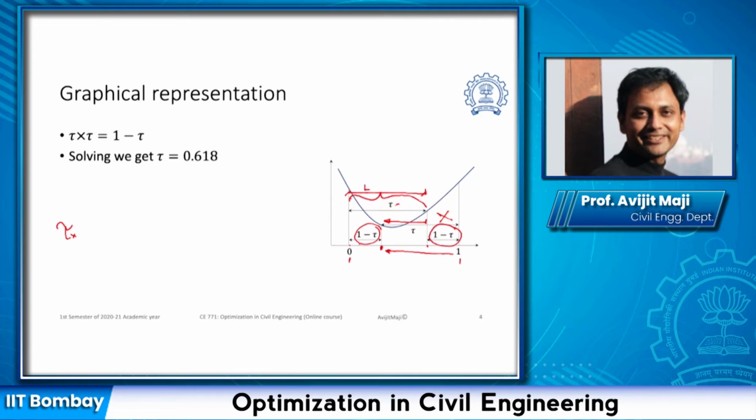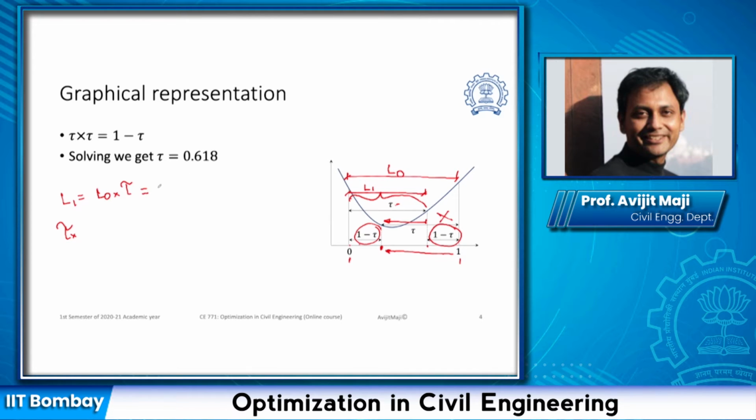Let me name this L1 and name the previous distance of the boundary, which was set to 0 and 1, as L0. So L1 is equal to L0 times tau.